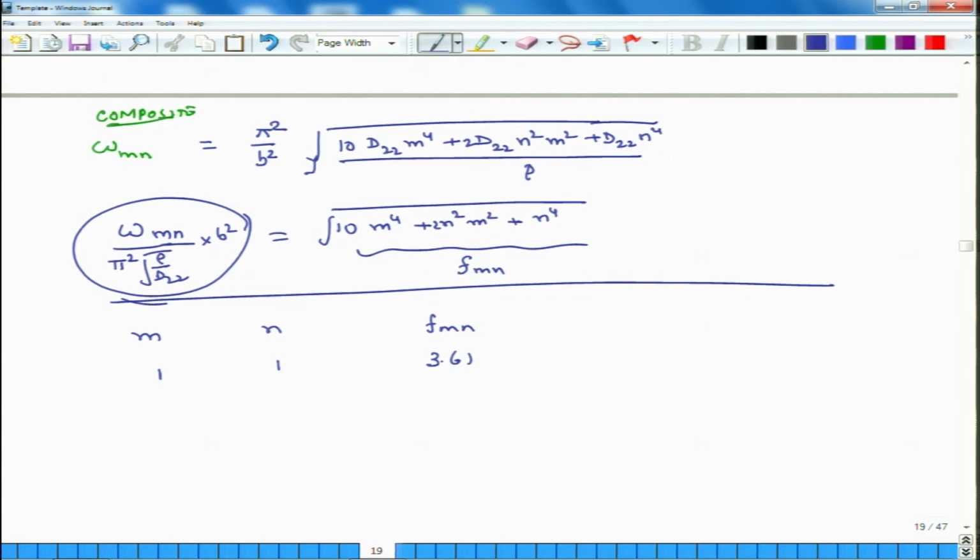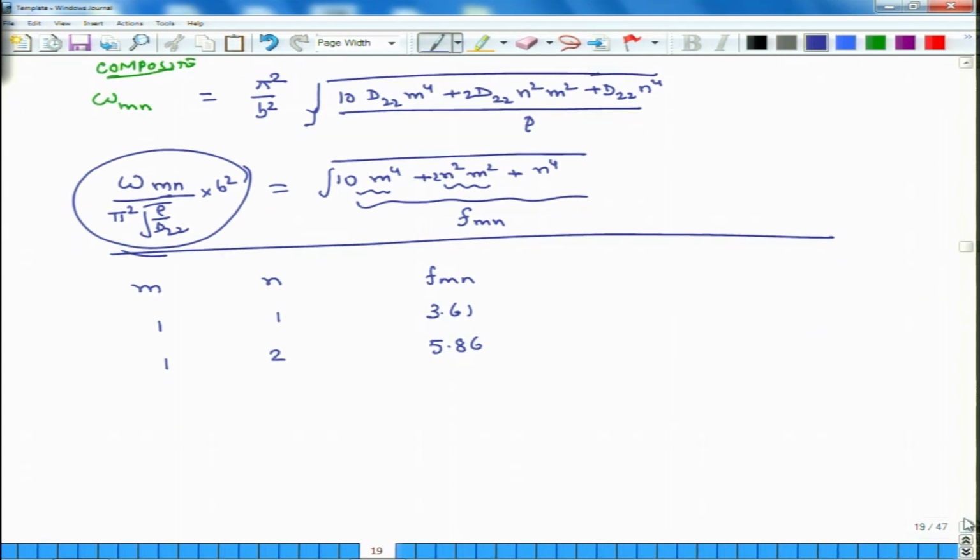If m is 1 and n is 2, then first term becomes 10, second term becomes 4, 8, third term becomes 16. So, 8 and 16 is 24 plus 10 is 34. So, square root of 34 is 5.86. If I take any other value of m and n, it will be more than this. So, this is the one which I take.